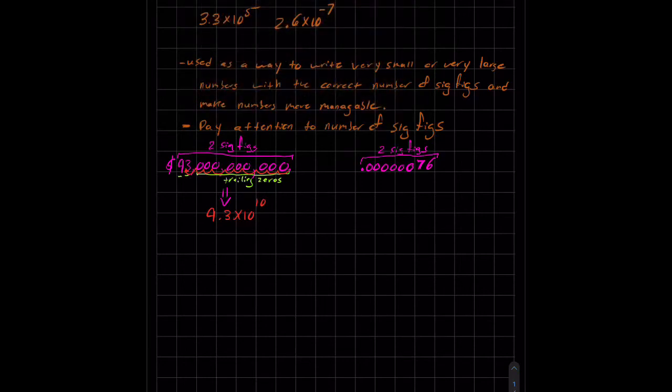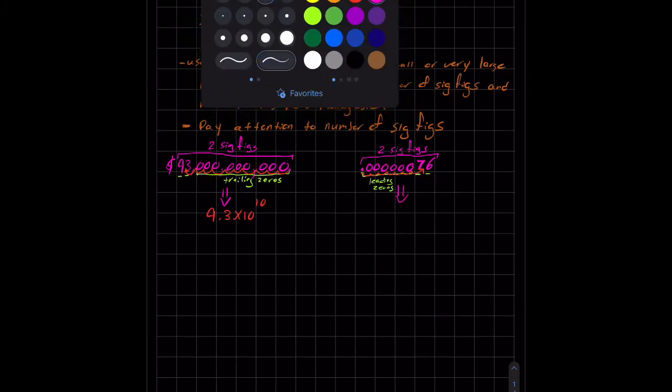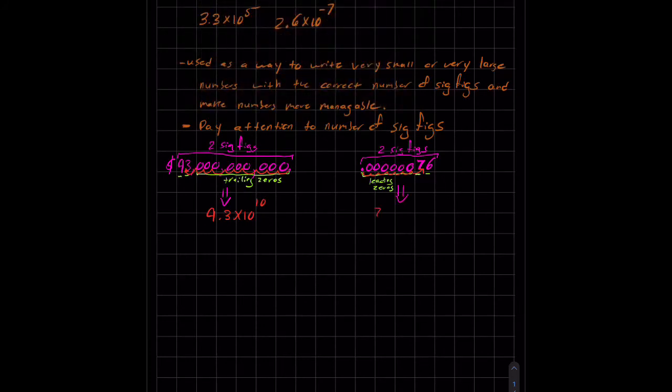The only sig figs are the 7 and the 6 because all of these zeros are leading zeros, and they are not significant. So what we'll be doing with this number is moving the decimal place to the right. So 1, 2, 3, 4, 5, 6, 7. We're going to move it 7 times. And we're going to get the answer of 7.6 times 10 to the negative 7th.